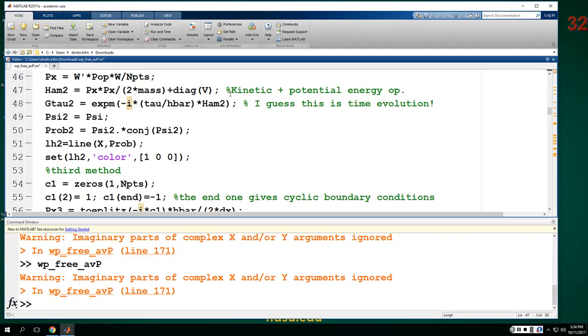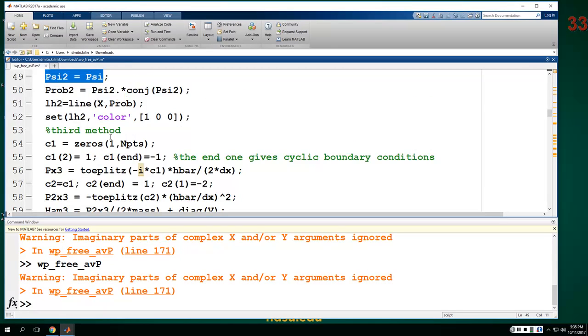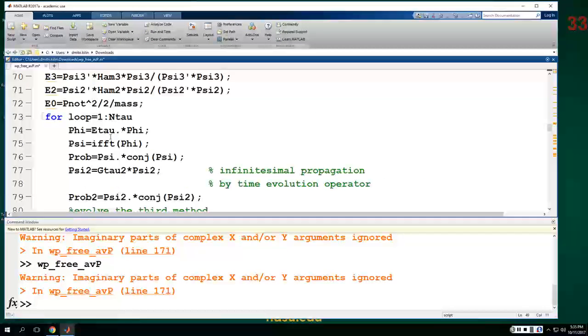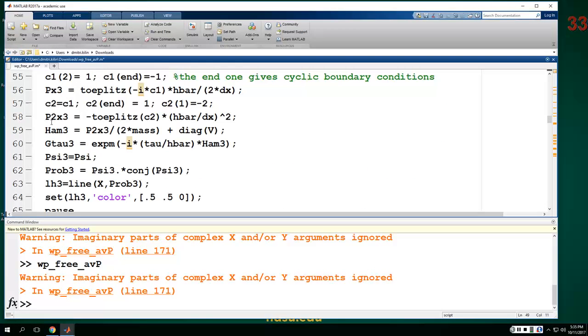Let's go through and look for psi2, where it is. Okay, see what I discovered. In line 49 we see psi2 equals psi. And it happens before we launch the loop. The loop is launched in line 73.